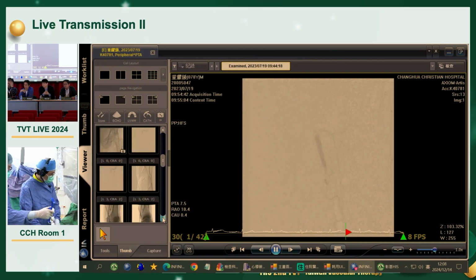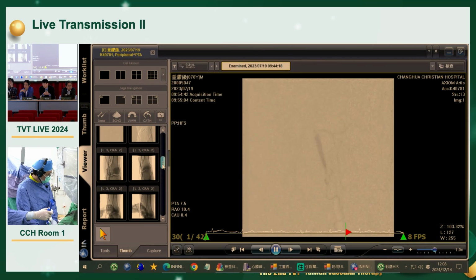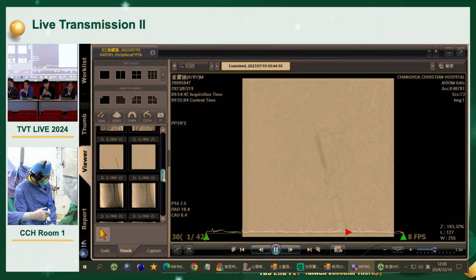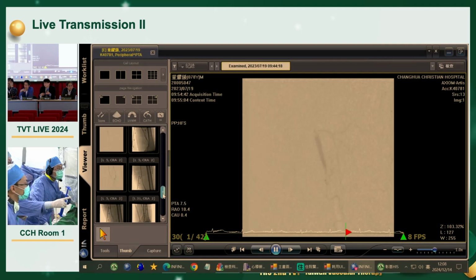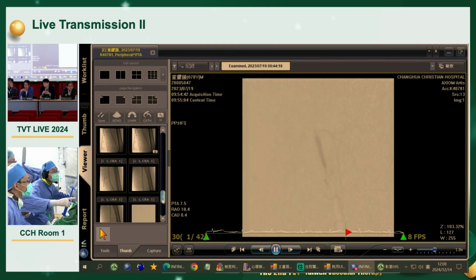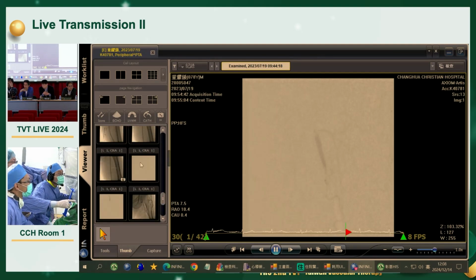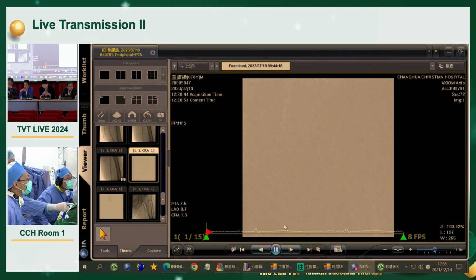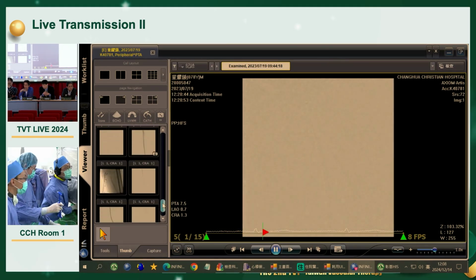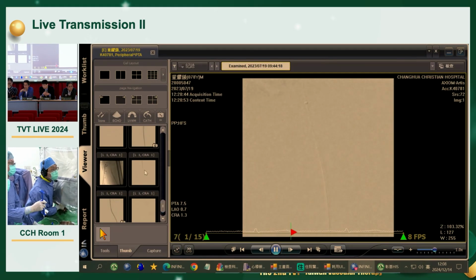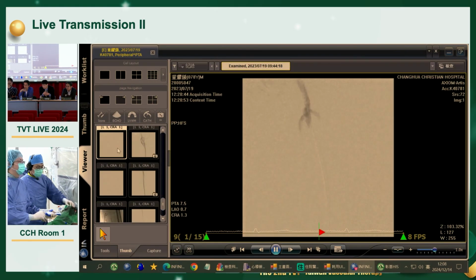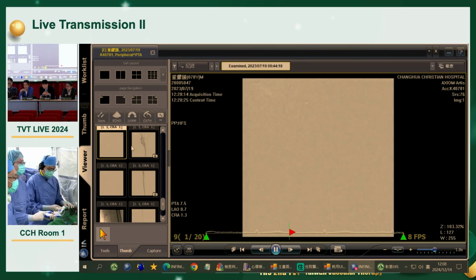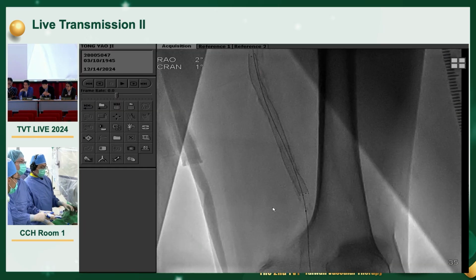So what's your plan? According to today's angiography, after balloon angioplasty, we can see a very long dissection from the very proximal SFA to near the stent area. So I think the DCB is not good for this kind of situation.